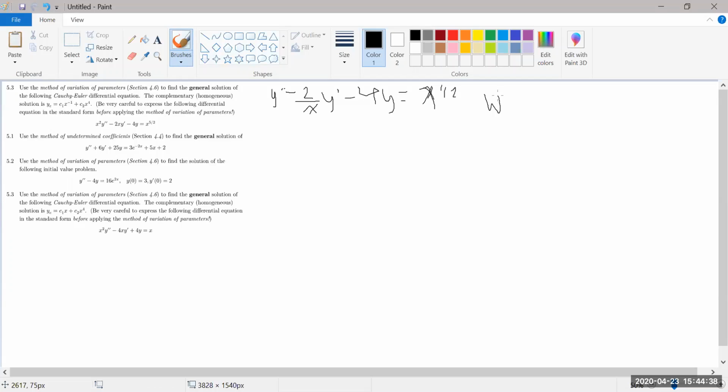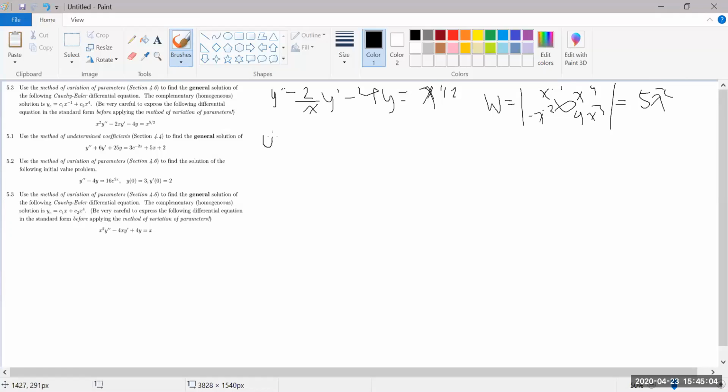So the Wronskian here is going to be x to the -1, x to the 4th, the -2. Okay, and when you do your little fishy, you should get 5x squared. Okay, so now we can actually start solving the equation.